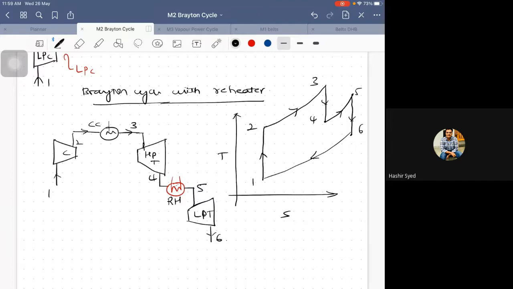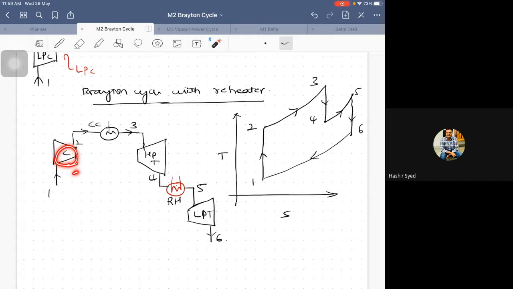It's very simple. Now, what is the process that takes place in a compressor? Which type of process takes place in the compressor? There are 5 processes, no?